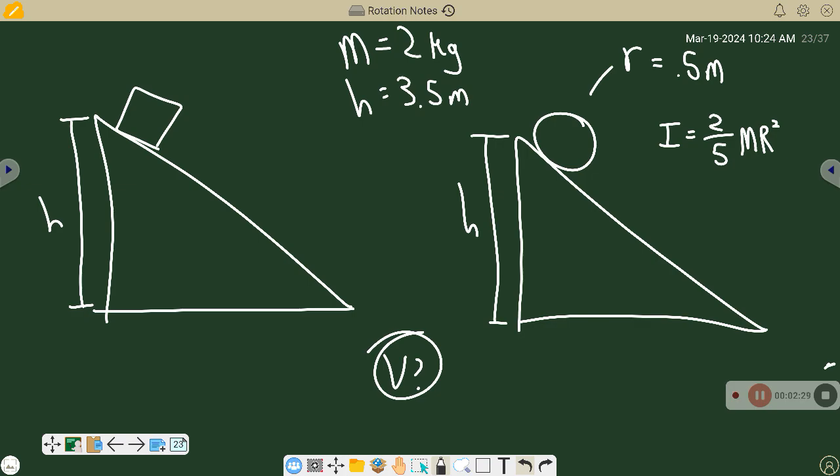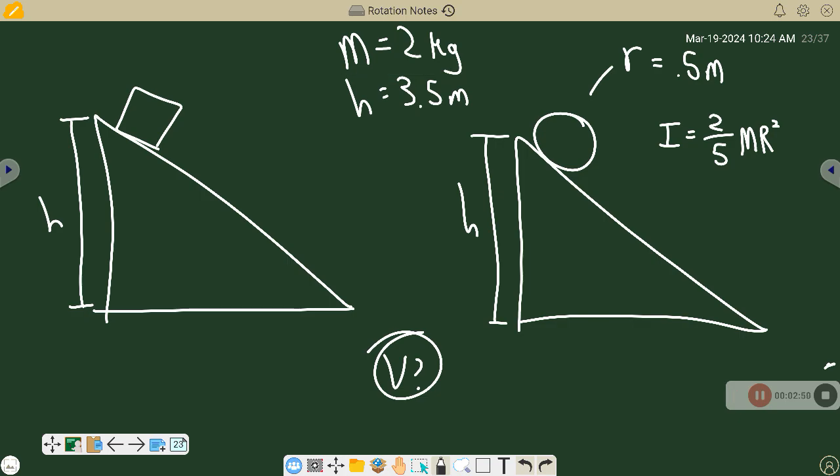So I have two identical ramps here. On the left, at the top of our ramp, we have a box. On the right, at the top of our ramp, we have a sphere. Both the box and sphere have the same mass of 2 kilograms. Both ramps have the same height of 3.5 meters.